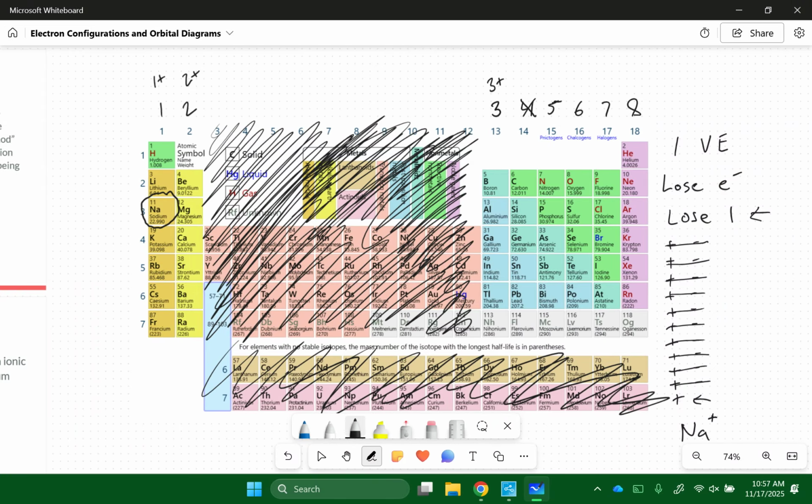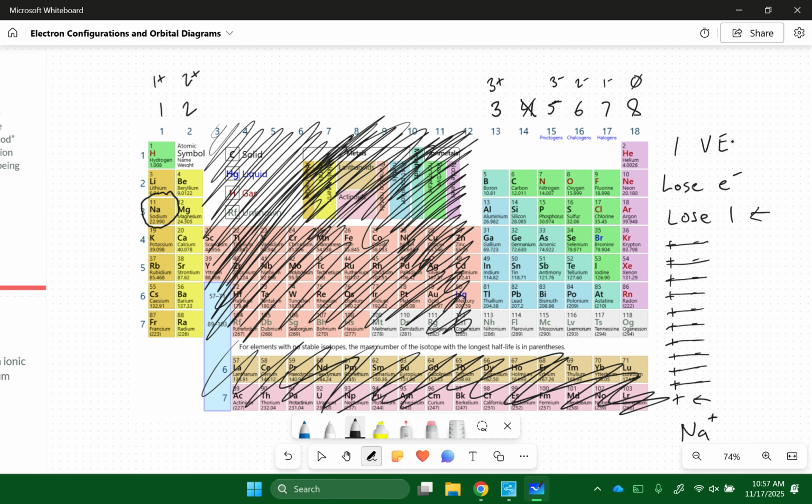And because electrons are negatively charged, gaining 3 electrons to get to 8 will result in these all having a minus 3 charge. Similarly, the ones that have 6, they're going to have a minus 2 charge. 7, they're going to have a minus 1 charge. And then all of these that have 8, they're already at 8, so they don't want to gain or lose anything. Okay? So this is the general pattern.